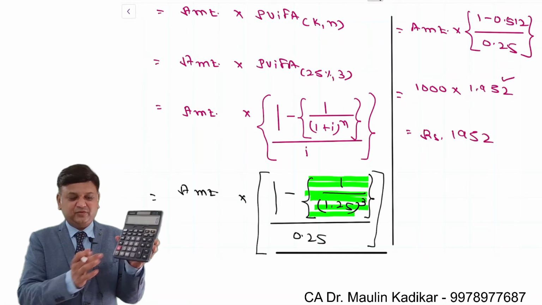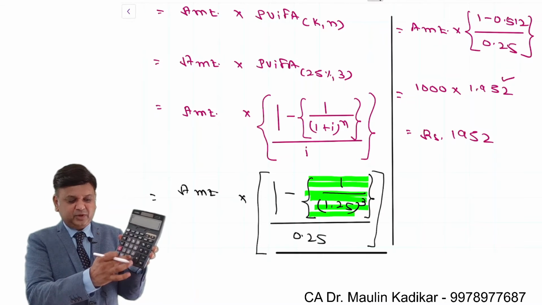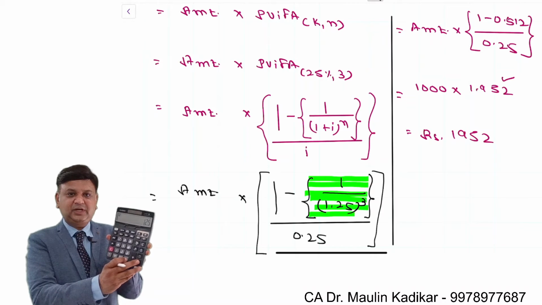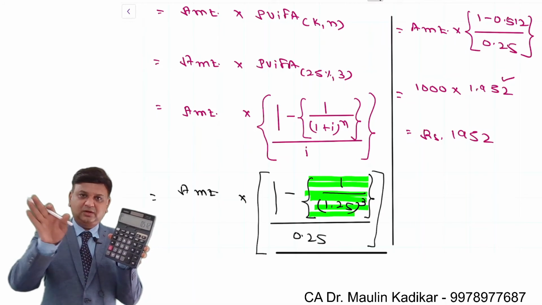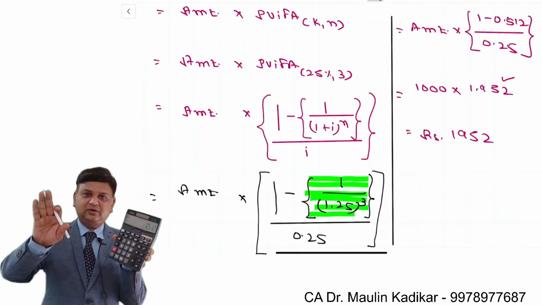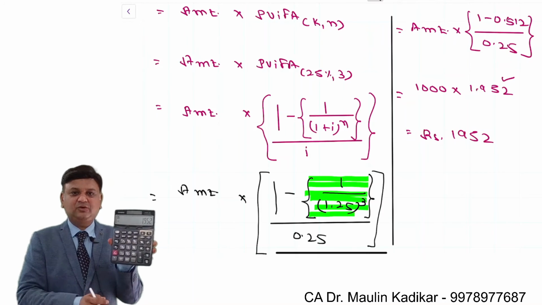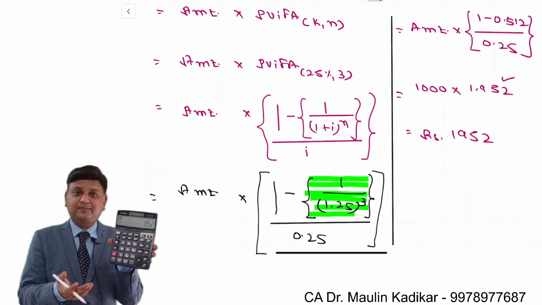I just repeat that for you, friends. 1 divided by 1.25, press equal to 3 times. The first year factor is added to the grand total, the second year factor is added to the grand total, the third year factor is added to the grand total. Then you just have to press GT. That is the way you can find the PVIFA.